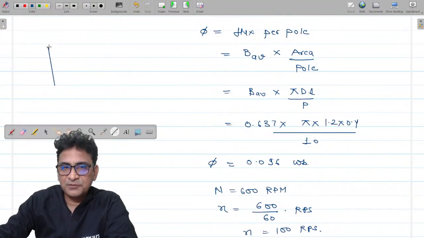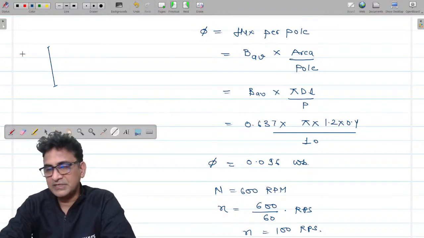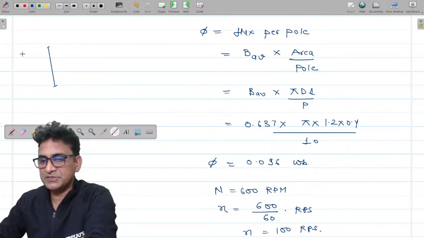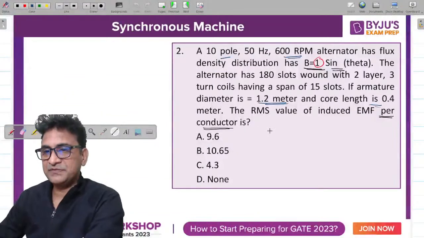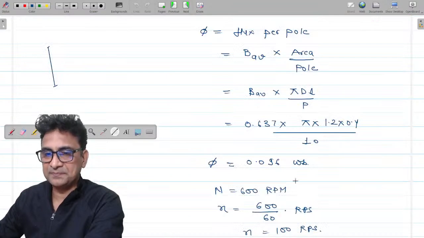A single conductor does not have pitch factor or distribution factor. So don't use pitch factor and the distribution factor. Just use P and phi to find out the induced EMF.